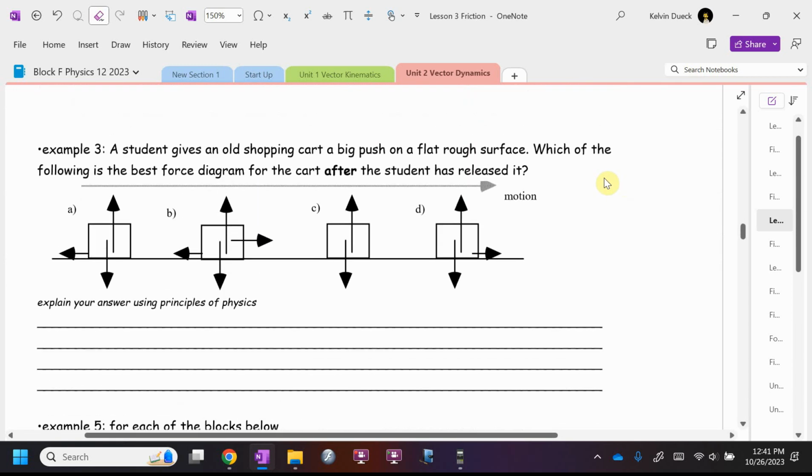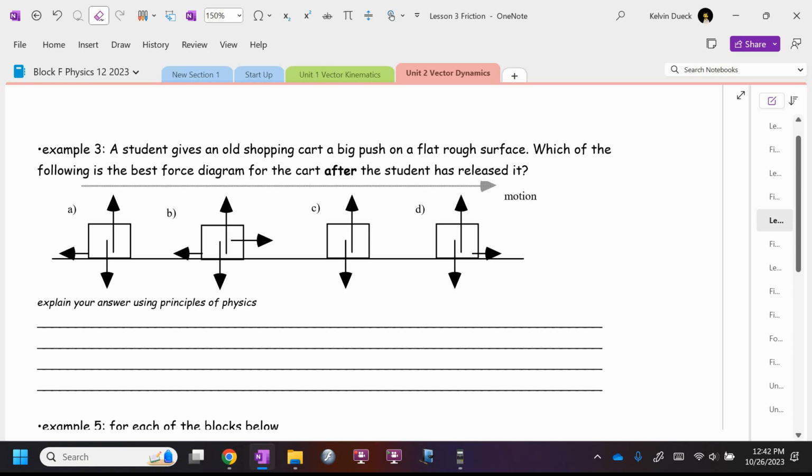Next page. Ooh, another nice thought puzzle. A student gives an old shopping cart a big push on a flat, rough surface. Which of the following is the best free body diagram for the cart after the student has released it? So let's pretend the cart is moving to the right.